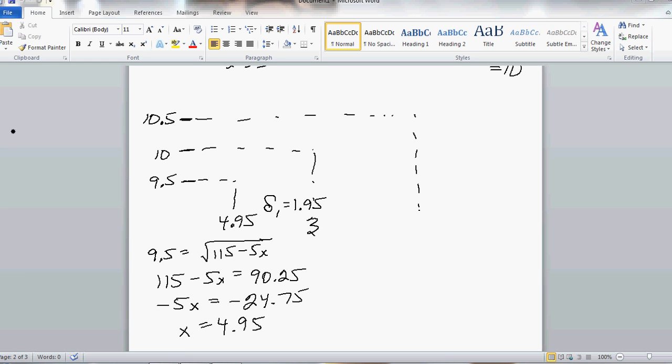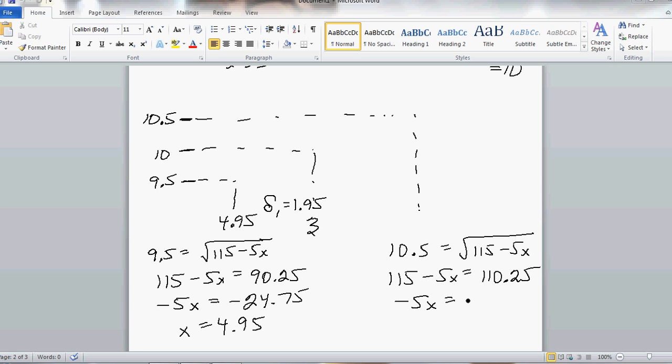Now let's do the same thing for calculating for 10.5. So I've got 10.5 equals the square root of 115 minus 5x. Square both sides. 115 minus 5x equals 110.25. Subtract 115 from both sides. Negative 5x equals negative 4.75.